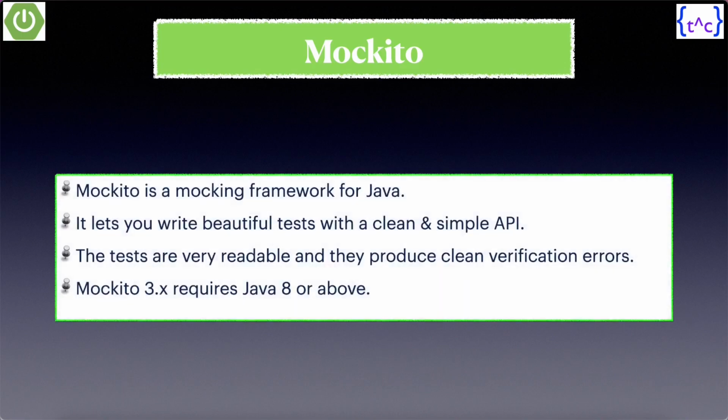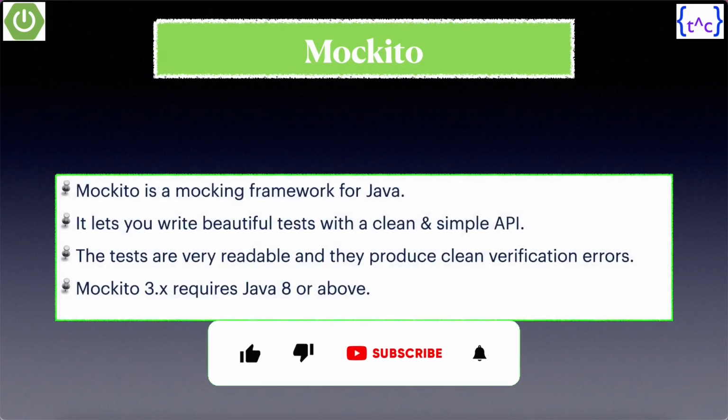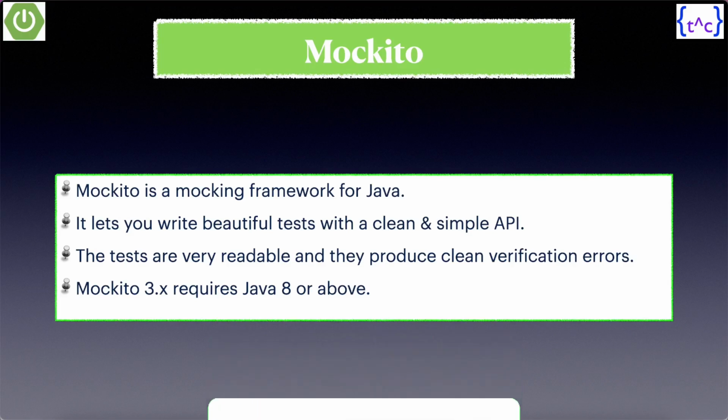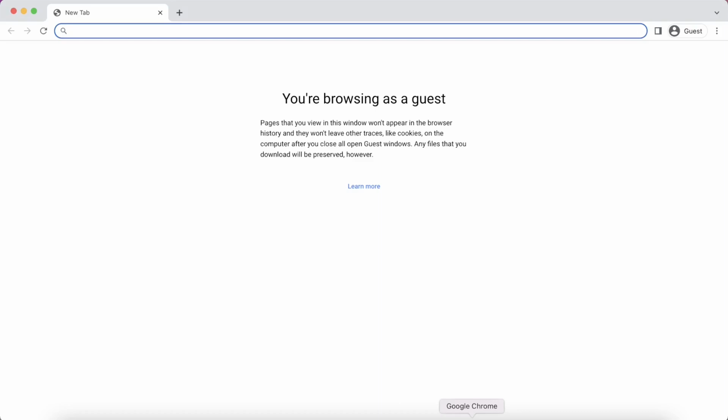The next library which we'll be using is Mockito. Mockito is a very powerful mocking framework in Java, and it lets you write clean, simple API tests. These tests are very readable and they produce clean verification errors. It requires Java 8 or above, so make sure you have that. Let me show you the Mockito website also.